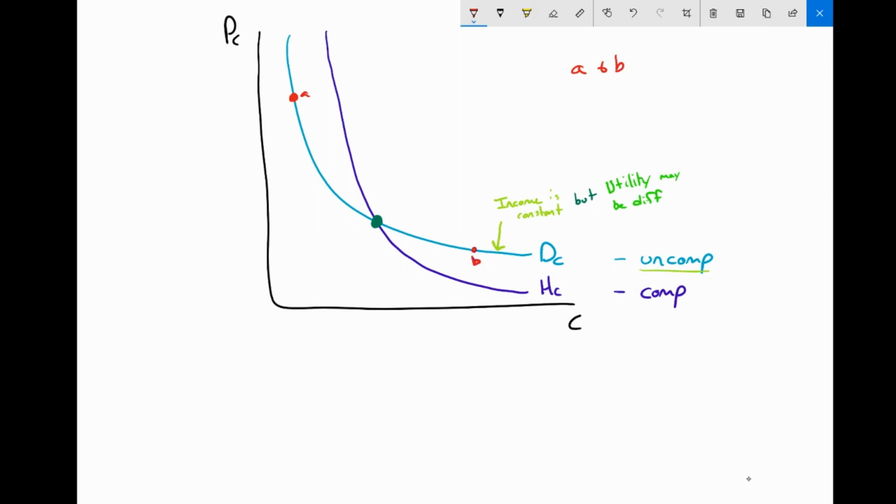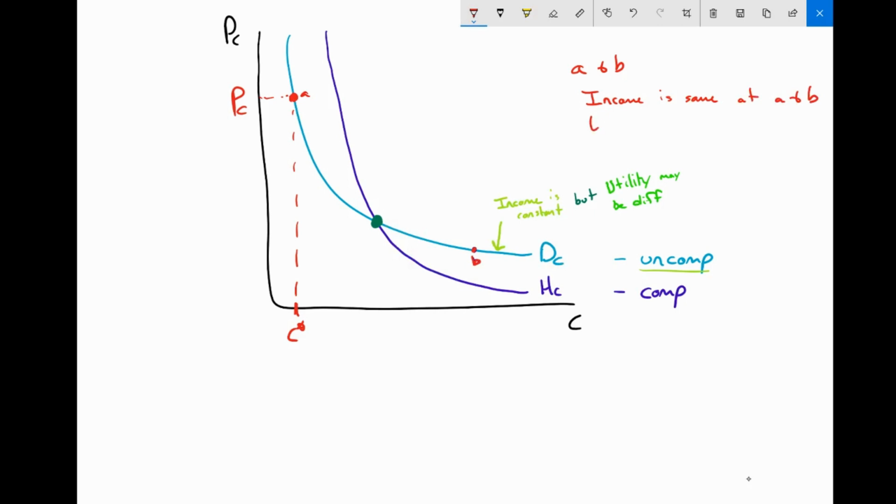That means at point A, so this is some possible combination, some possible quantity demanded given some particular price. All right. So at point A and point B, the agent's income is the same.